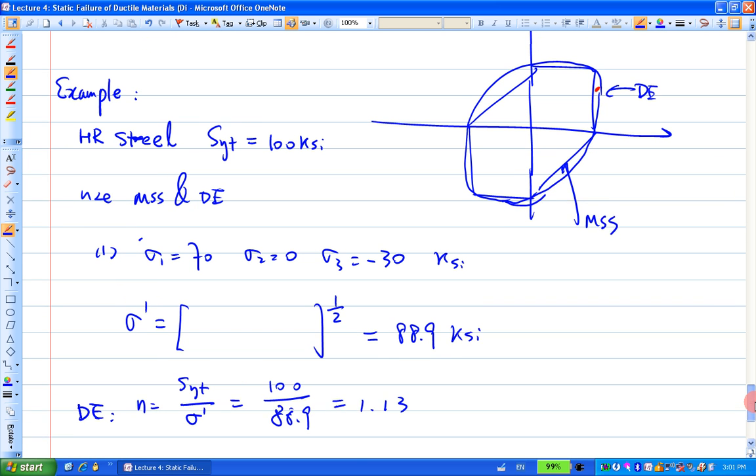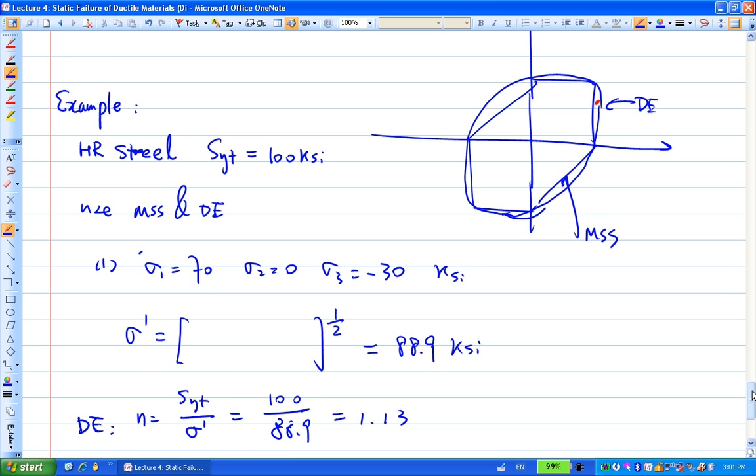If we look at the location, let's see, if I want to know where that state of stress is here. This might not be from a plane stress, but maybe it's from a plane stress.